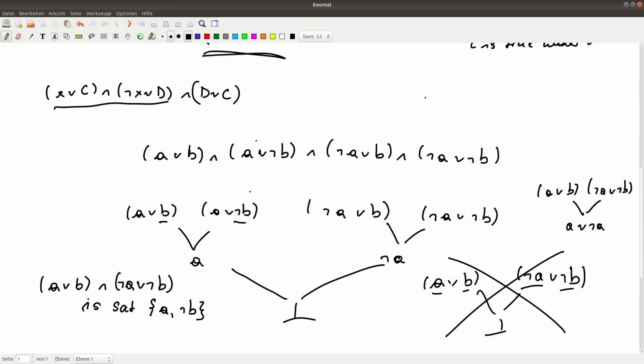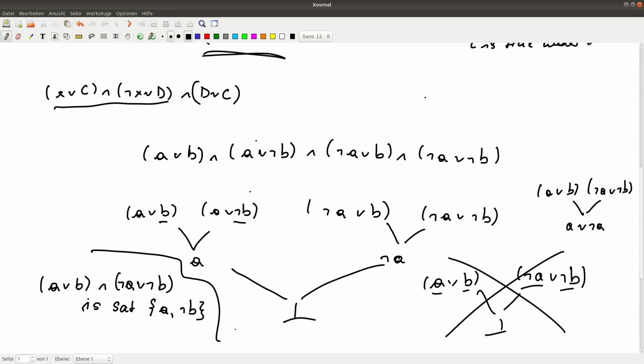So it would be incorrect to derive a contradiction saying this formula is unsatisfiable, and this we could do only because we applied the rule in a wrong way. And in fact, if we have A or B and not A or not B, then we derive A or not A, or we could also derive B or not B, but we cannot derive the contradiction. This would be wrong. Okay, this is what I wanted to show you about resolution.